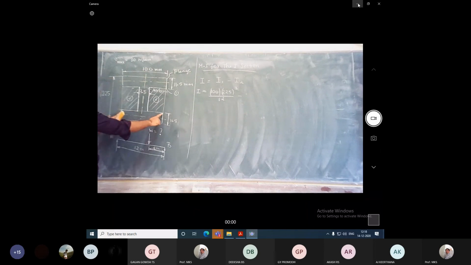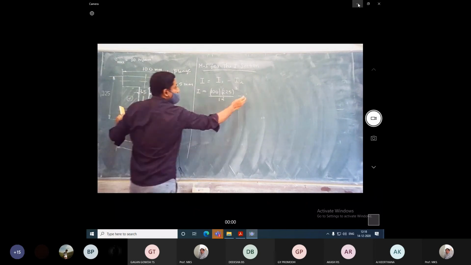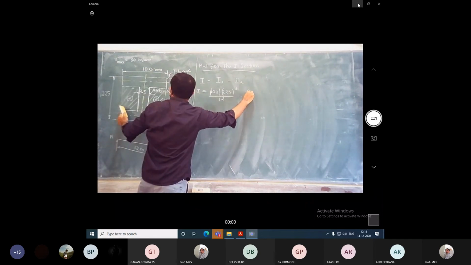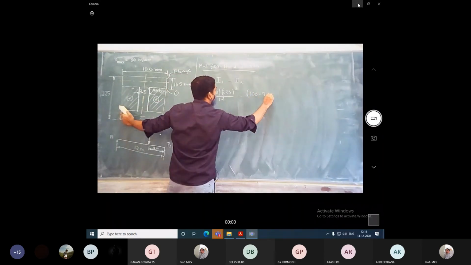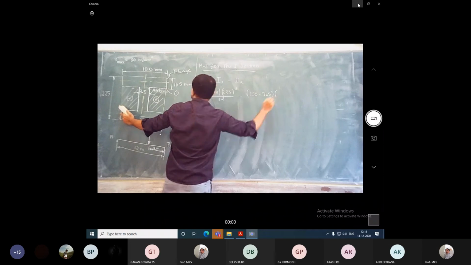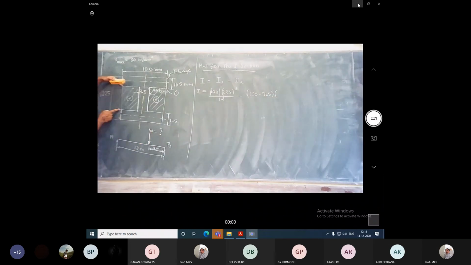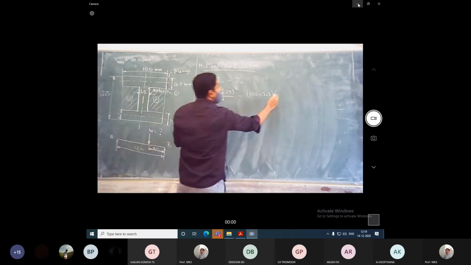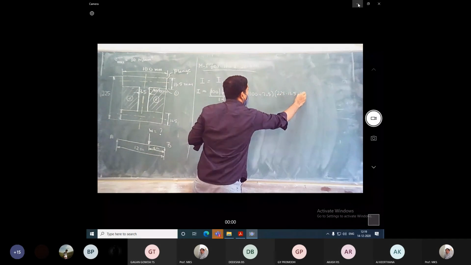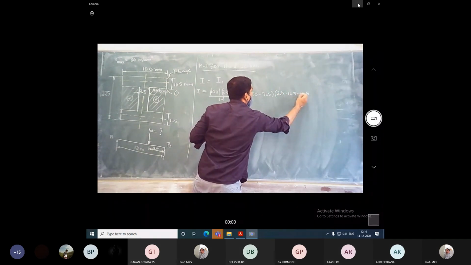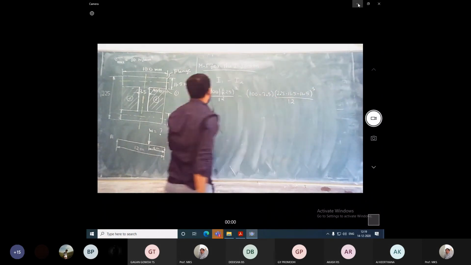So what is B for this second portion? It is 100 minus 7.5. What is the depth of this portion? It is 225 minus 11.5 minus 11.5, the whole cubed divided by 12.